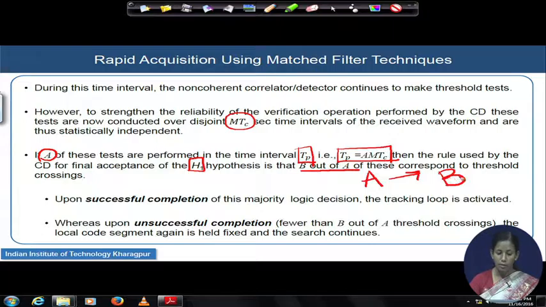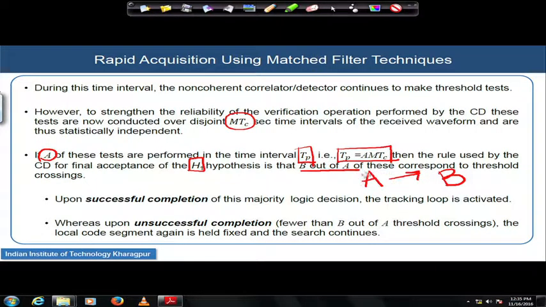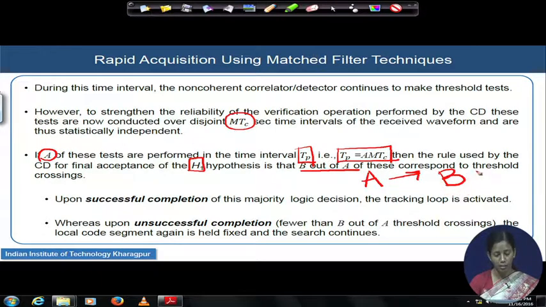So the logic is set a priori: you run capital A number of tests and find how many times it crosses the threshold. If for capital B number of times it successfully crosses, then you can declare successful completion, and hence you declare that there is a hit.